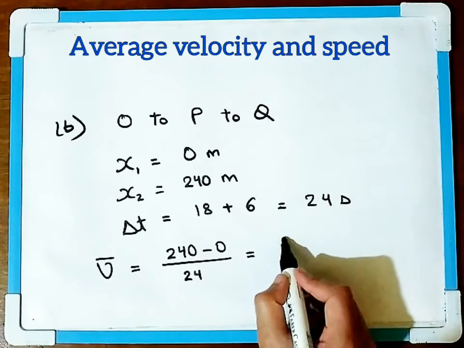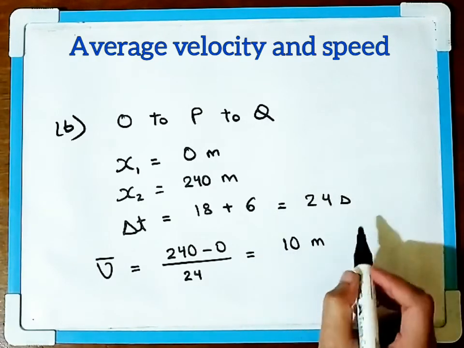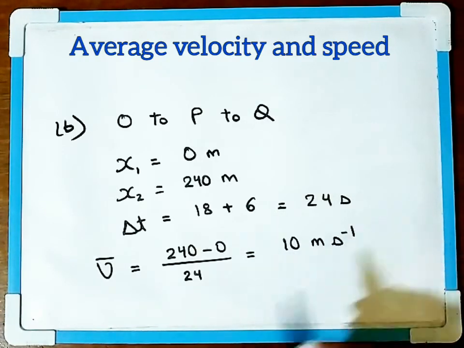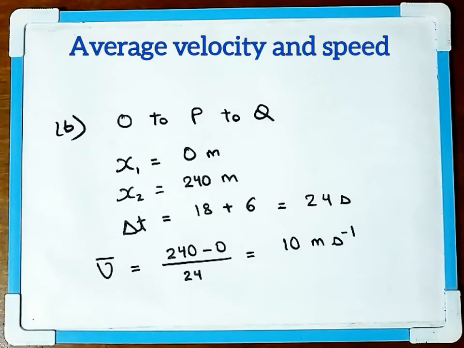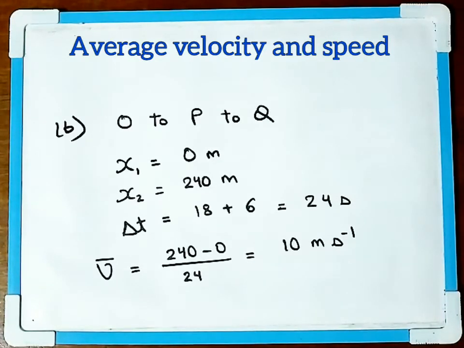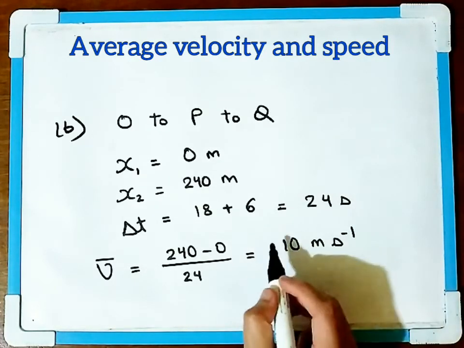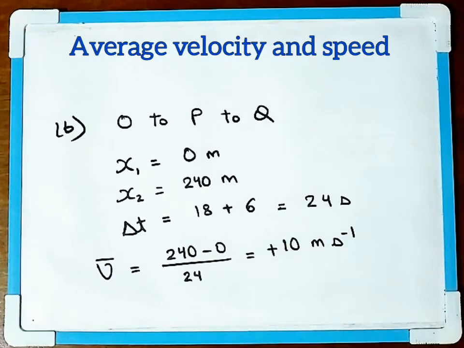This will give you 10 meter per second. So this is the average velocity. And since the displacement is positive, this is taken as positive.